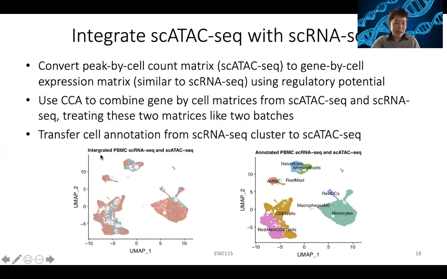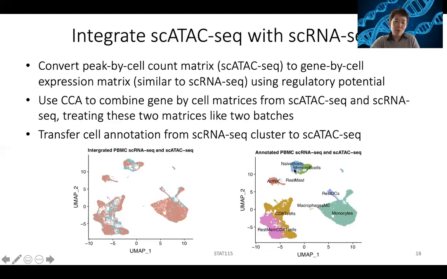Okay, and so with that, you can see here the green and red, I forgot which one is which, but one is the single cell RNA-seq and the other is the single cell ATAC-seq. And when you run CCA, they really overlap with each other. And with single cell RNA-seq, we can easily look at the expression in that cluster and then assign the cell type based on the marker gene, which you did with homework 3.